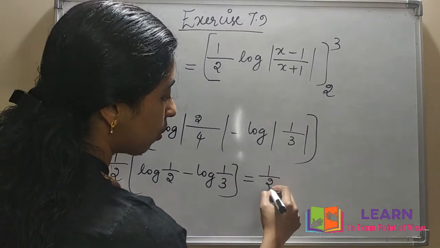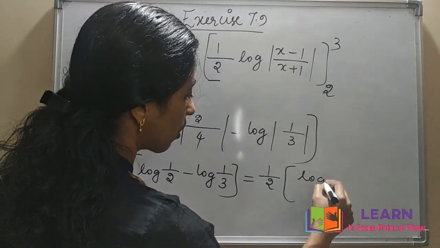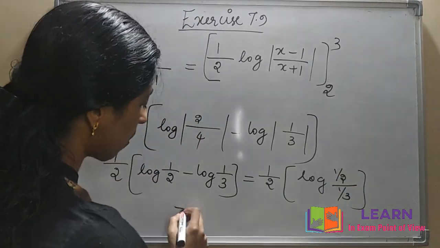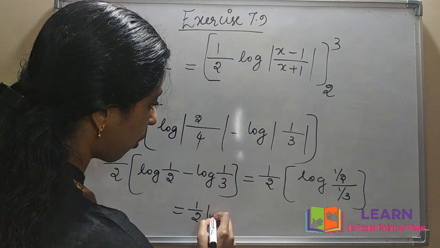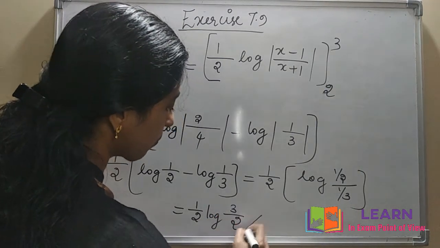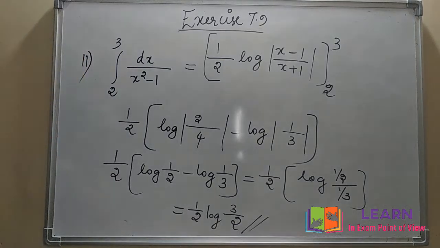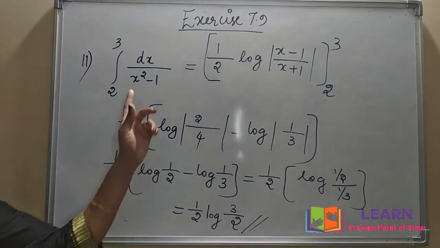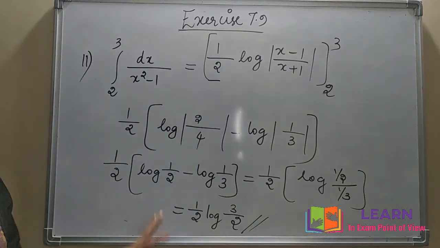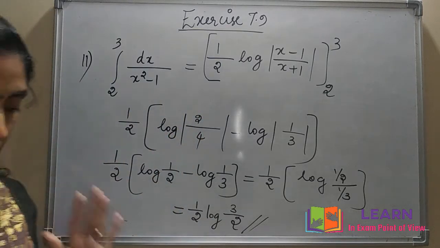Half outside, log a minus log b is log a by b: log 1 by 2 by 1 by 3. Half log, it will go up, that is 3 by 2, which will be the answer. So remember this formula, just apply that, then the limit. Okay, simple, right?